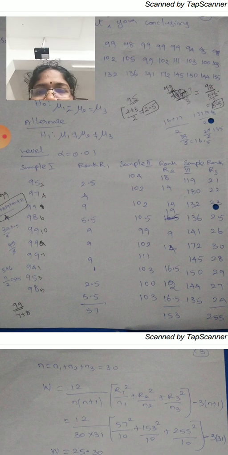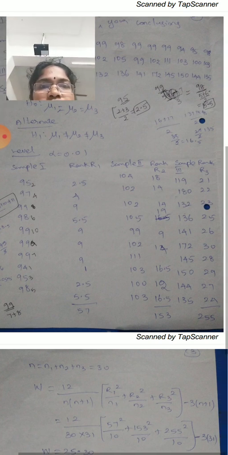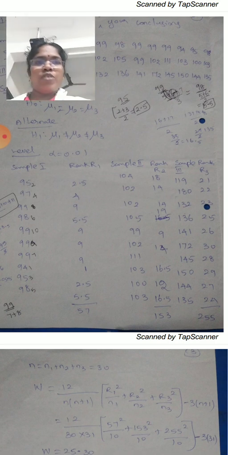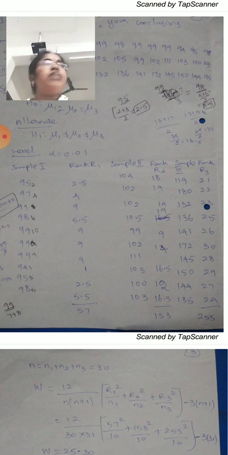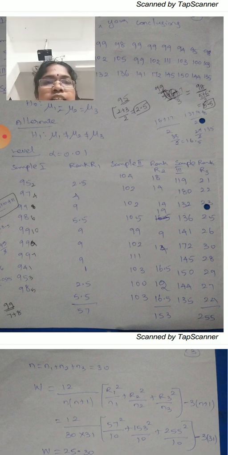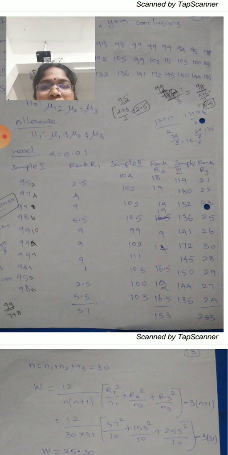Already we put the 4th rank, then 98 is the 5th rank and this one is the 6th. Therefore 5 plus 6 divided by 2 equal to 5.5. Therefore we put rank 5.5 for both 98 values.